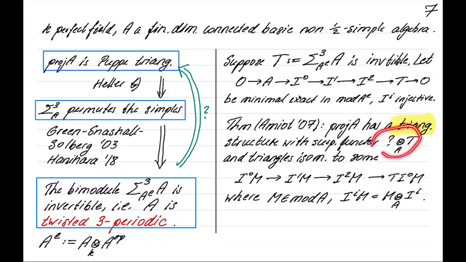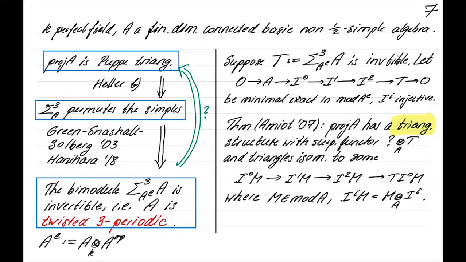And the triangles are simply of this shape. Yes, I abbreviate the tensor product by this functorial notation. Yes, we just take any finitely generated module over A, and we apply the functors associated with these bimodules. These are the standard triangles, and by definition, any other triangle is isomorphic to a standard triangle. Okay. Yes.